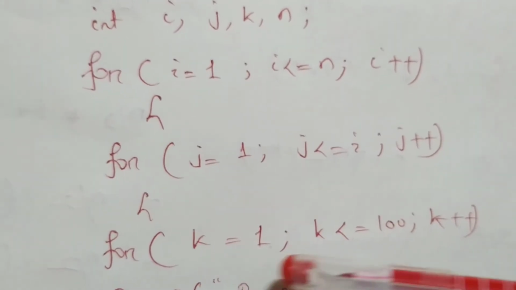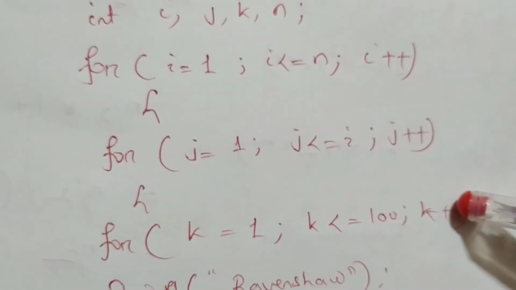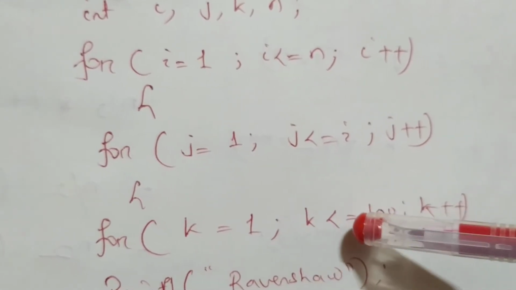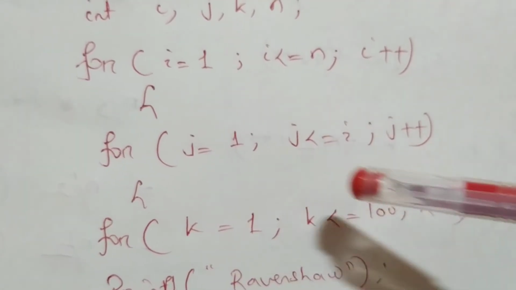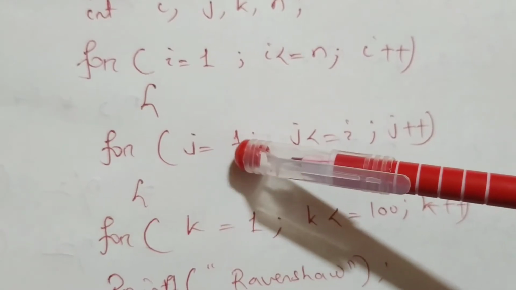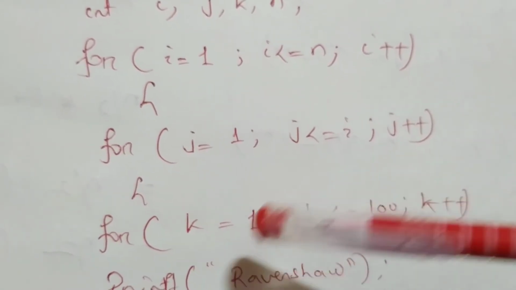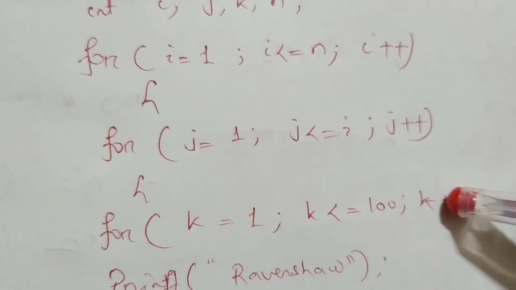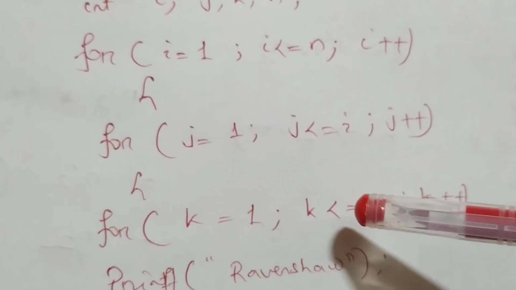Then k = 1, k less than or equal to 100, and k plus plus. Here k is independent. It is executed, but it has no dependency on i.